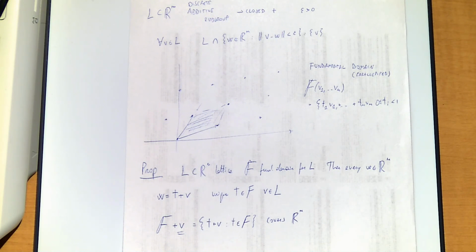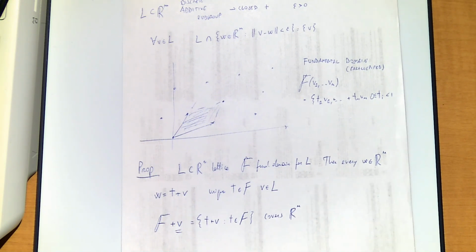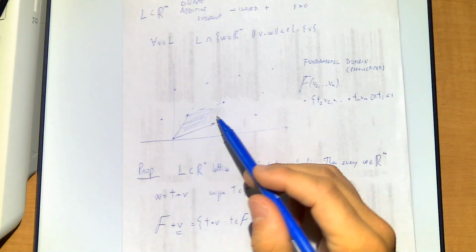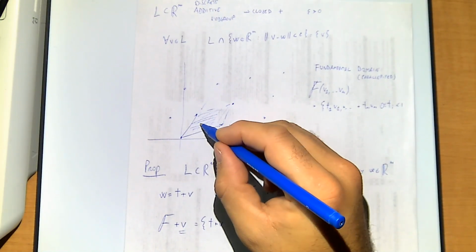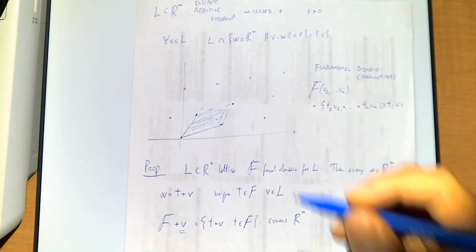So that's good because this is leading us towards what we're going to do. Now we're going to take a vector in the space. If I take a random vector in the space, it means I can always express it as a vector in the lattice plus a vector in the fundamental domain, which will be in the middle, unless it's an extreme case.